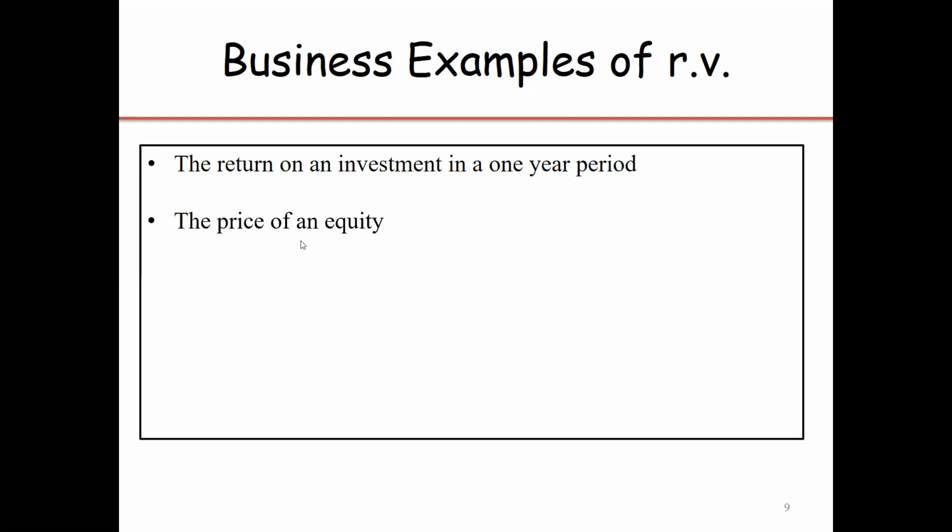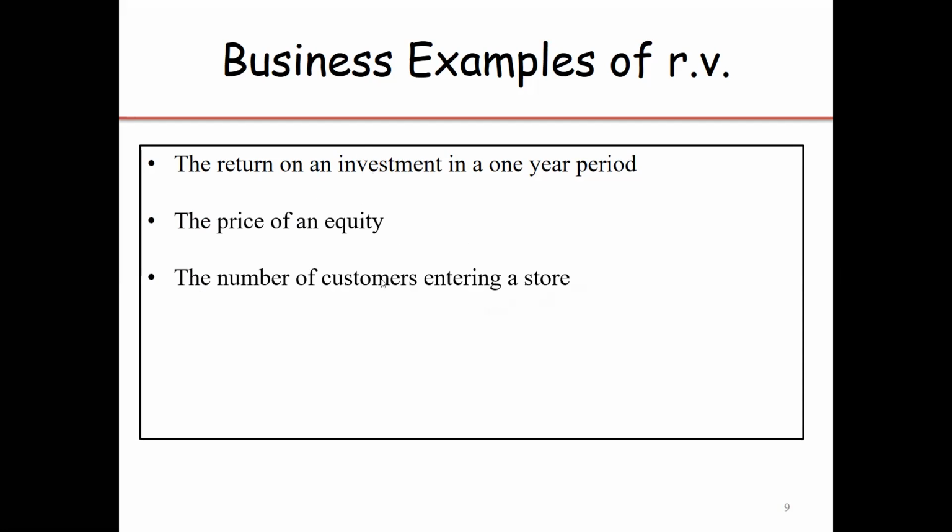And the price of an equity is another example of a random variable. The number of customers entering a store is a discrete variable, while the previous two are continuous variables, because they may have fractions.